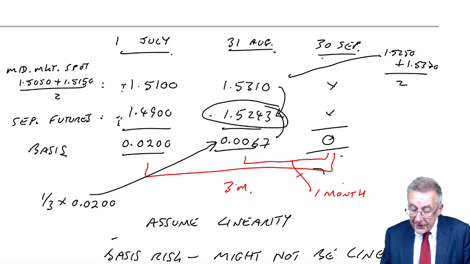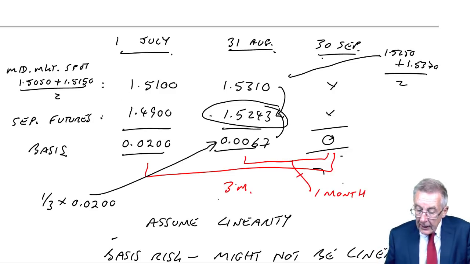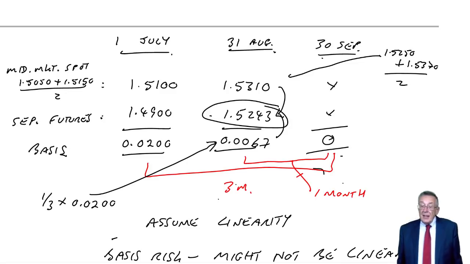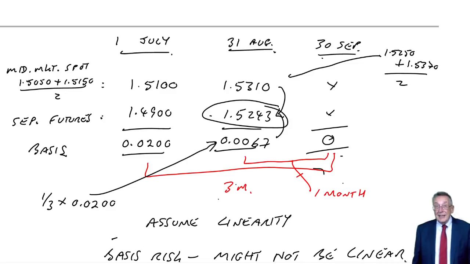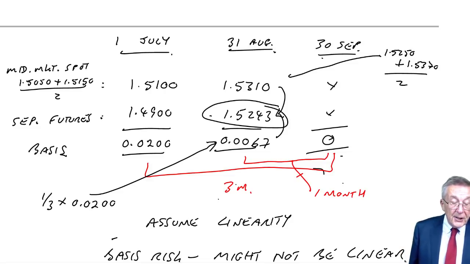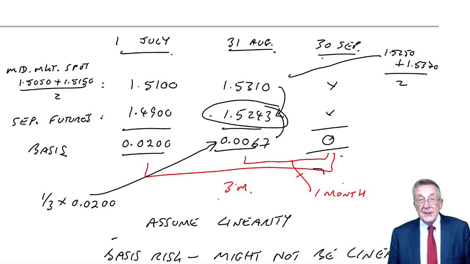Better mention as well, you may see in some answers that in doing this exercise, instead of comparing September futures with the mid-market spot rate, they compare just with one of the spot rates depending on whether the transaction is buying or selling dollars.